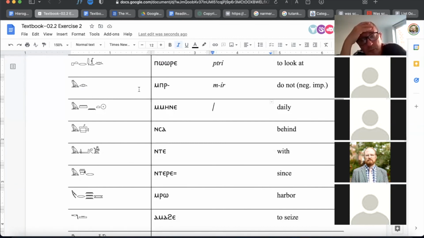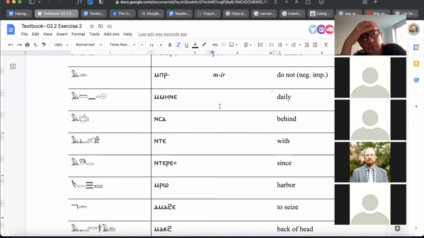Ramesside Egyptian. Ramesside, a little bit. But the language is Middle Egyptian. Yeah, mainly Middle Egyptian. It's just written in the time period of Late Egyptian.